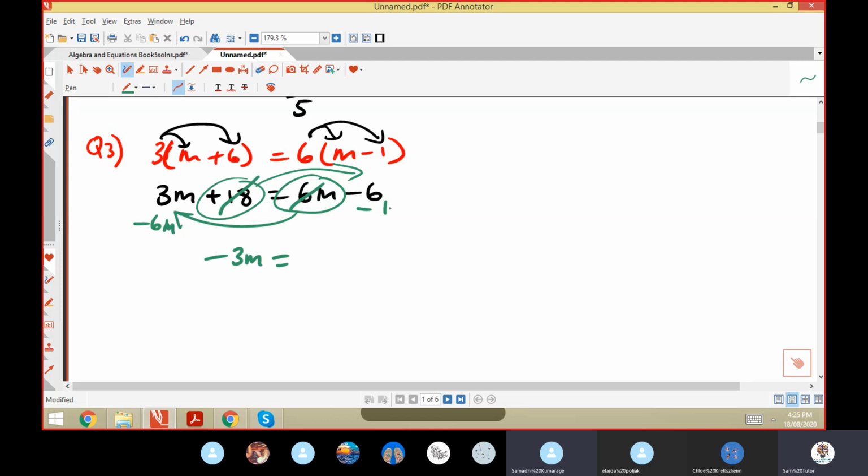Careful, always do the opposite. Minus 18, yeah, and that becomes minus 24. Then you divide by negative 3 on both sides, not minus 3. Be careful, dividing by negative, which becomes positive 8. Good.